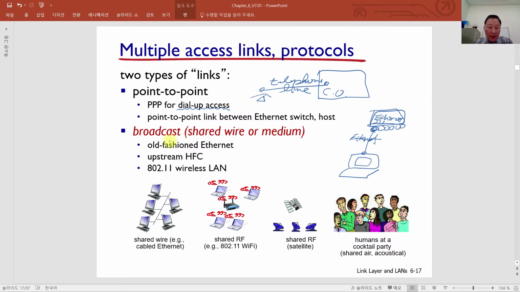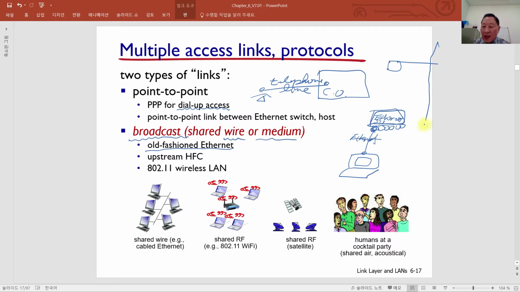Let's look at another one. This one is broadcast. That means a single wire or medium that is shared by many, multiple devices. Old-fashioned Ethernet is like this.